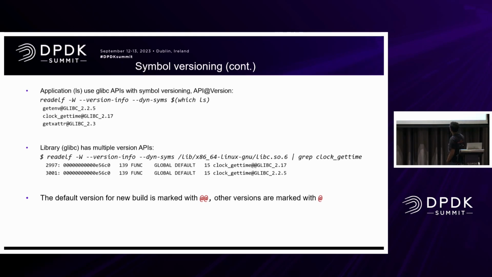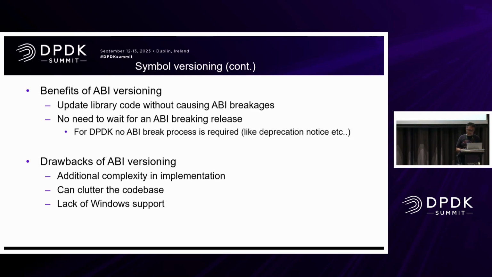The ones with a single at are the older versions, and we can have as many of them as we want, so it's not limited to two. The benefit is that we can update library code without breaking ABI, so DPDK developers don't have to wait for the next LTS release.